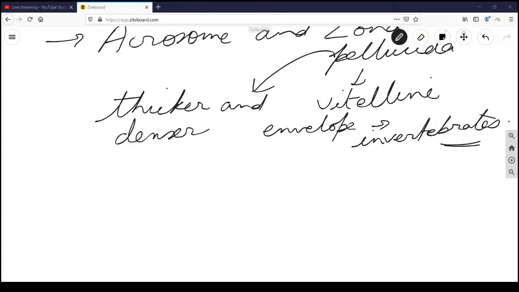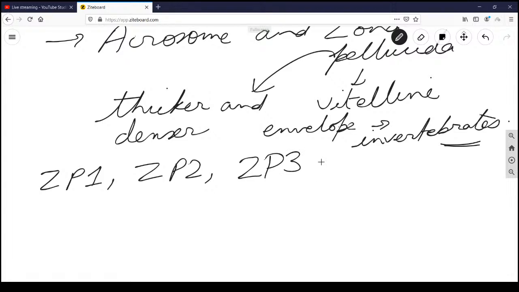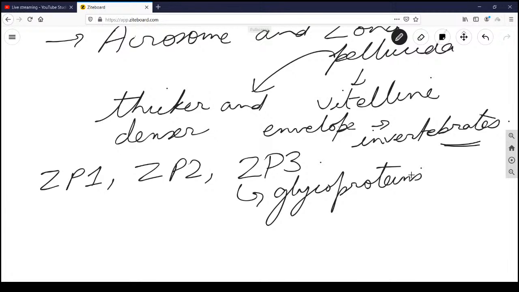Now coming to the receptors. The mouse zona pellucida, which has been researched more, contains three major glycoproteins that are also asked in comparative examination: ZP1, that is zona pellucida 1, that I've been talking about a lot, ZP2 and ZP3. These are three glycoproteins, produced by glycosylation in the Golgi apparatus, as a result of post-translational modification, where sugar residues are attached to the proteins.